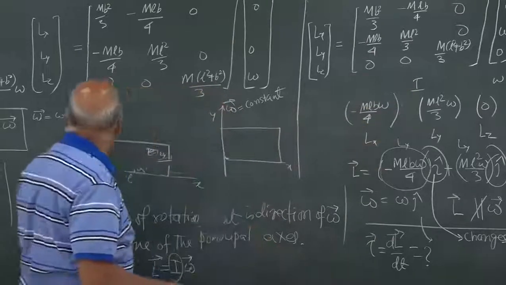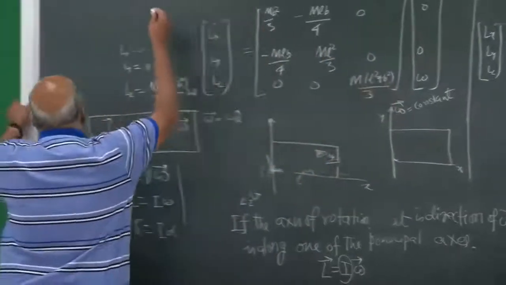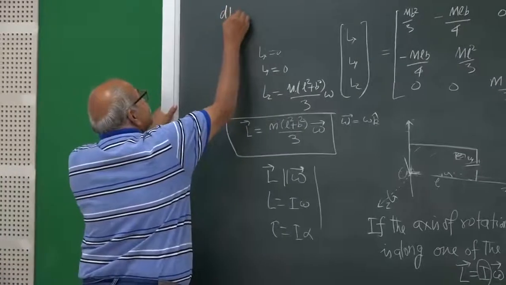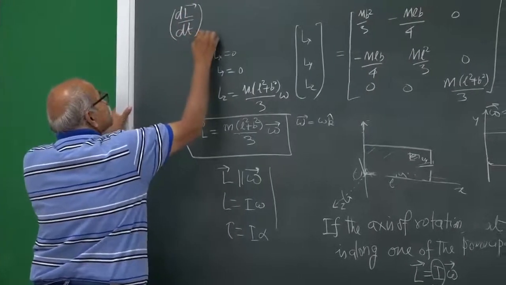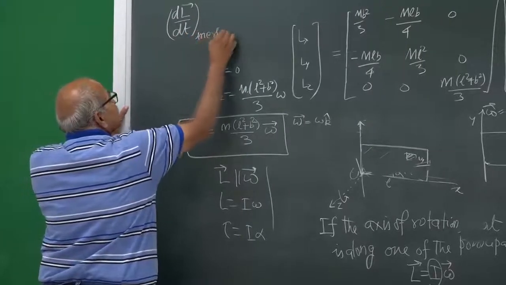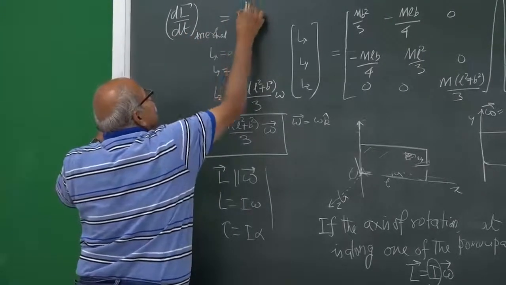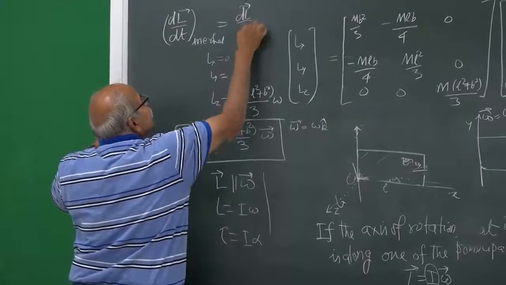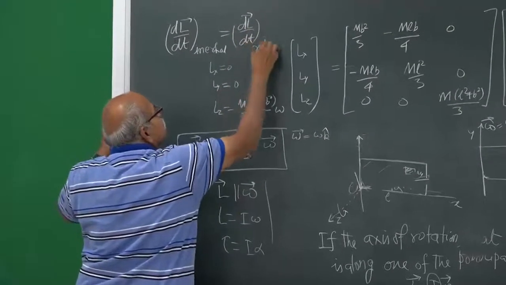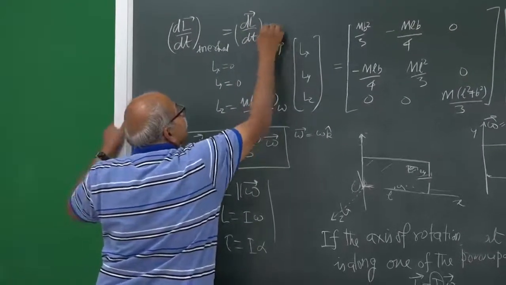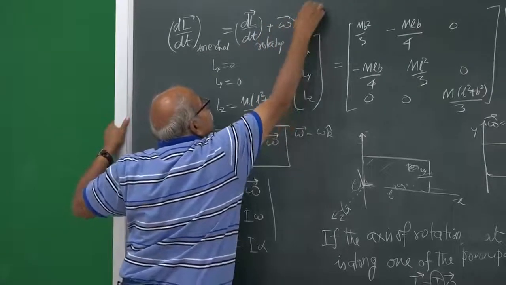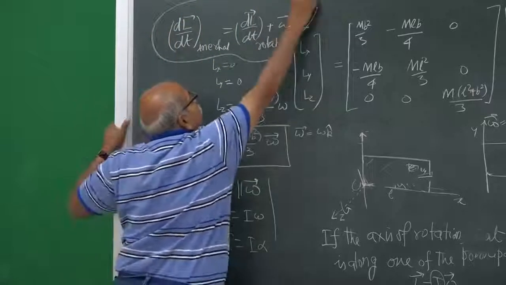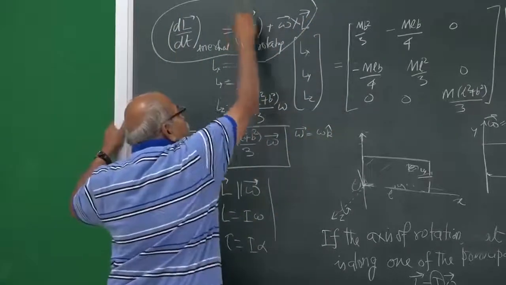So, we had this very important relation: dL dt in the inertial frame is equal to dL dt in that rotating frame plus omega cross L. So, in our case this is 0.